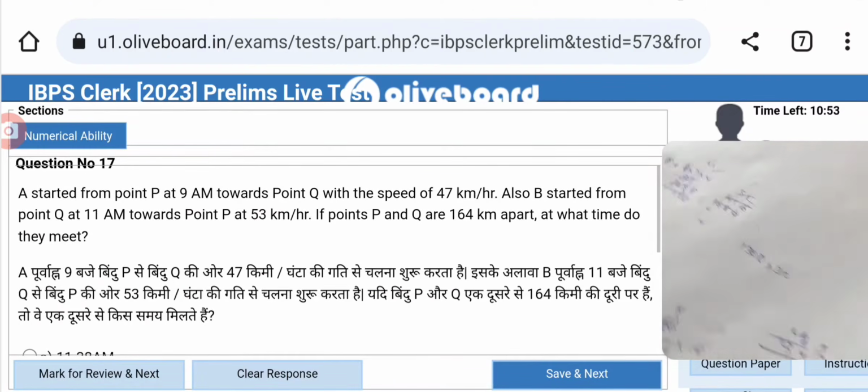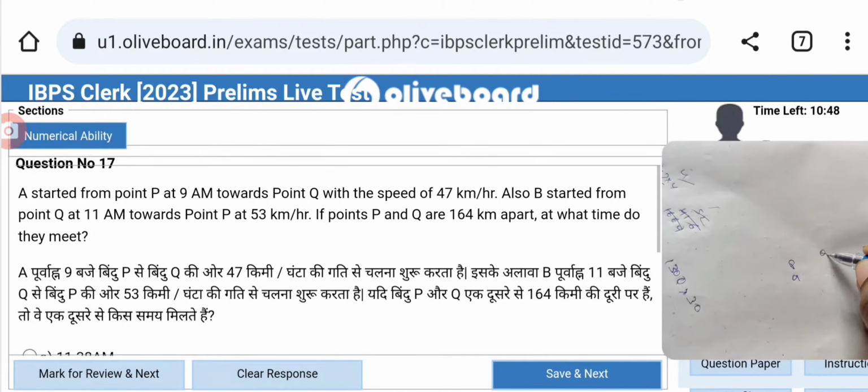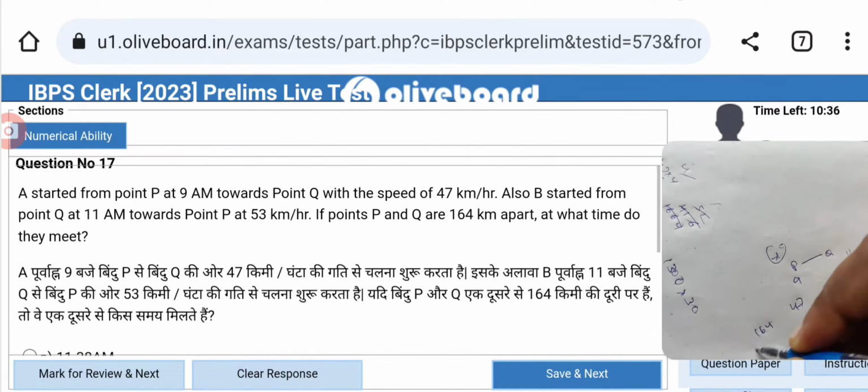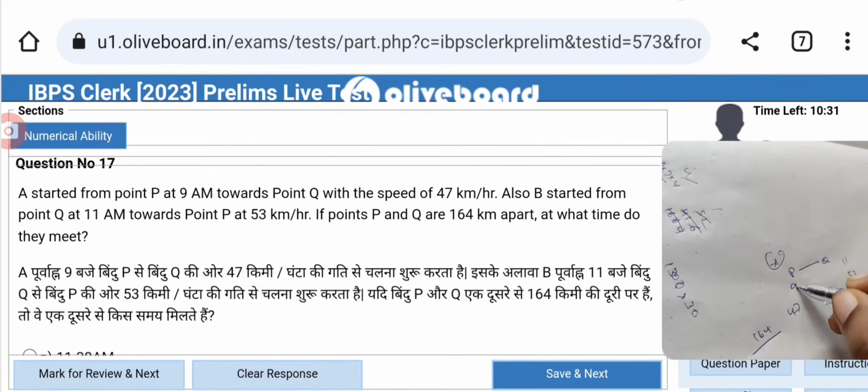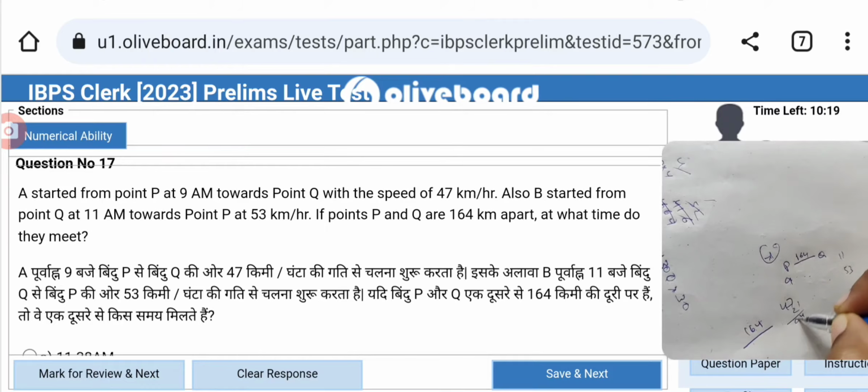Next one. A started from point P at 9 am towards Q with a speed of 47, and B started from Q at 11 at 3. Next, 164, they meet. Overall 164. Okay, 9 to 10, 10 to 11, so 2 means 94.